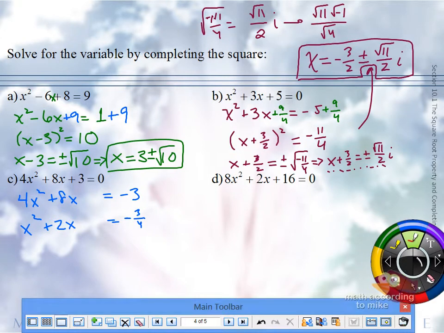Questions? Half of 2 squared. What do I do with that one? Add it to both sides. How does the left-hand side factor?